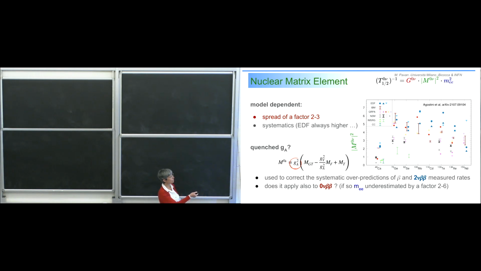If I have to design an experiment to measure this half-life, I need to understand the order of magnitude of this half-life. And I do not have direct information on this. I can make some guess, and now I have information at least from oscillation. When I started working in double beta decay, oscillation was not yet discovered, and so we really did not have information.